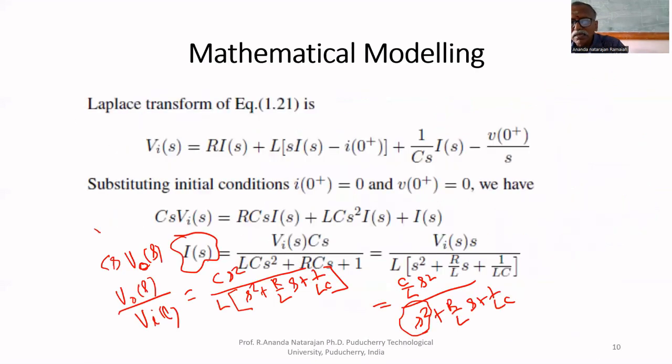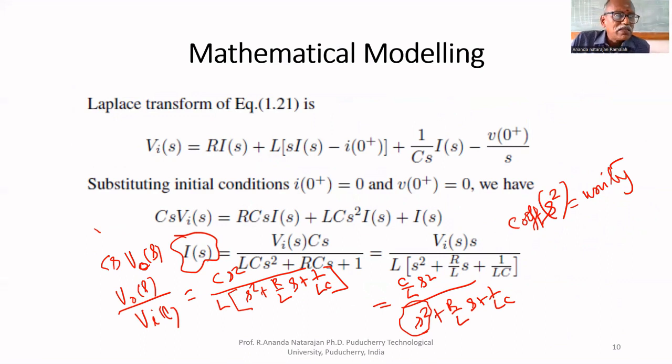In the other form, the coefficient of S square is unity. If the coefficient of S square is unity, this form is called pole zero form. Don't worry, we'll see later why it is called time constant form and why it is called pole zero form.